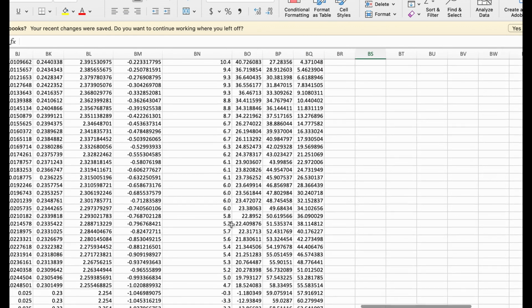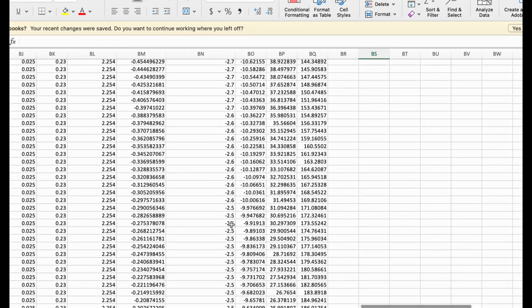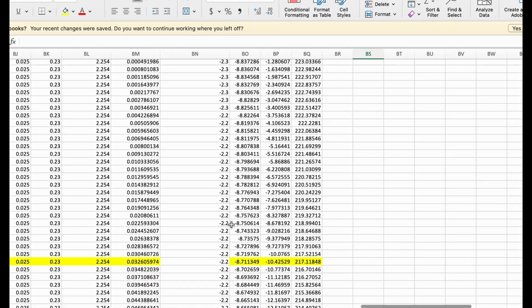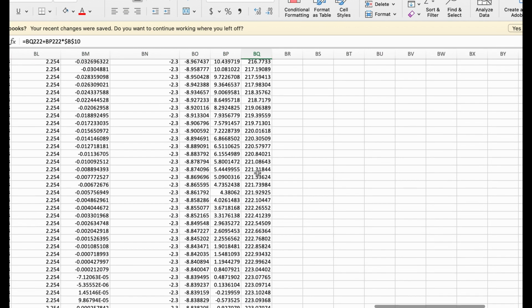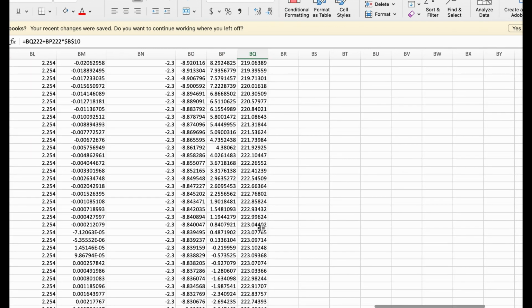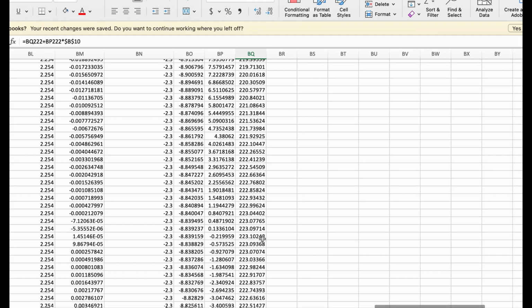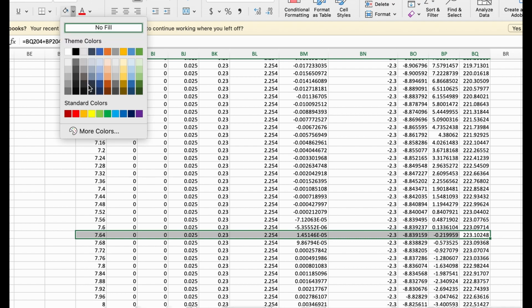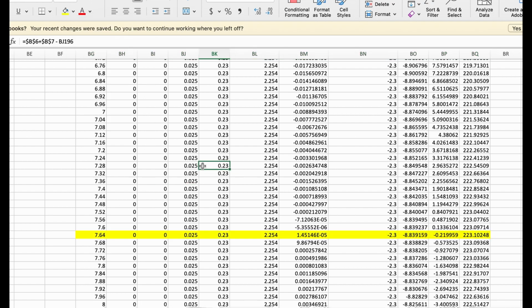Notice that our peak now occurs at 223.1 right here. So a significant decrease in the altitude that the rocket goes to.